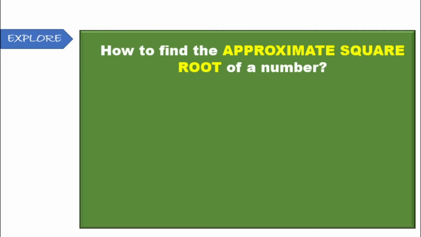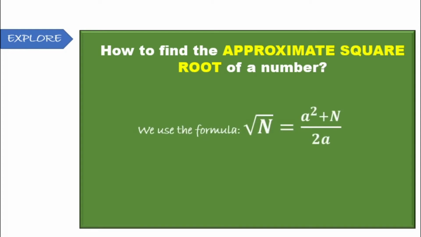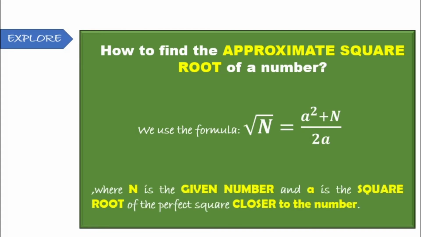Alright, how do we find the approximate square root of a number? We use the formula: square root of n is equal to (a squared plus n) all over 2a, where n is the given number and a is the square root of the perfect square closer to the number.